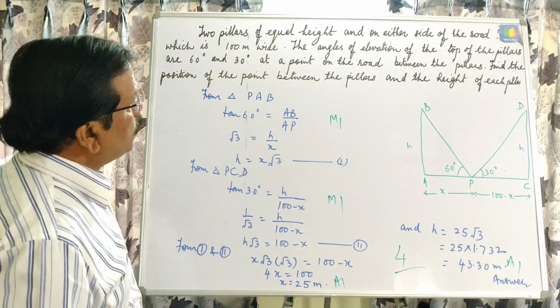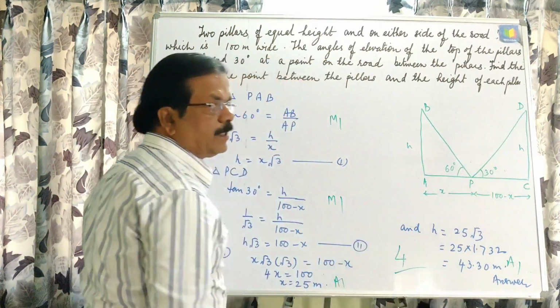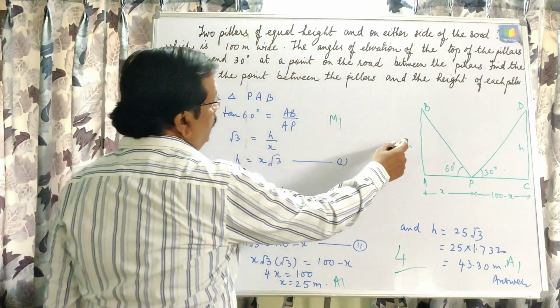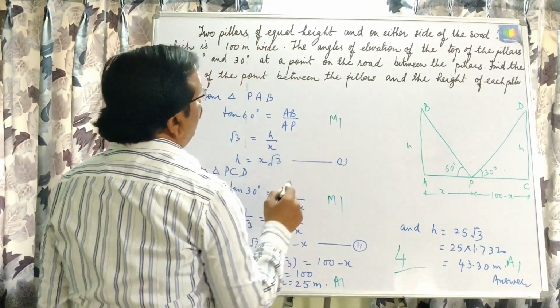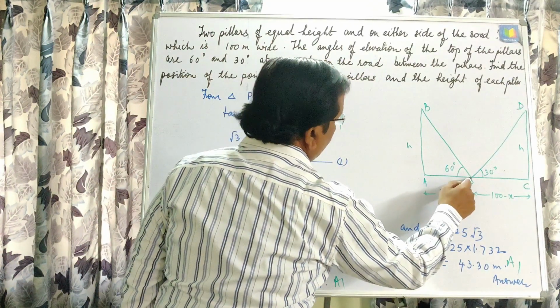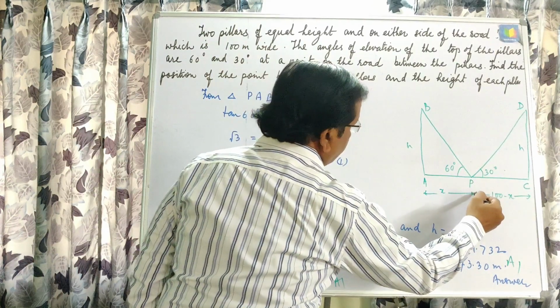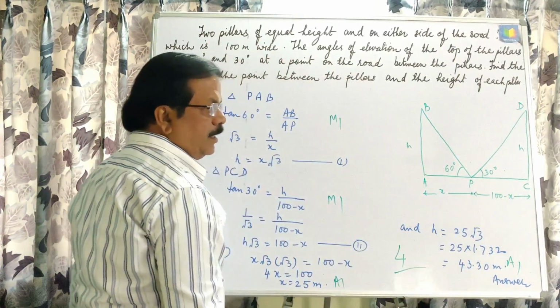Two pillars of equal height. These two pillars, you can see this is another type of figure of equal height, and we are observing the points here from point P, and that is why this is the distance x and this is 100 minus x.